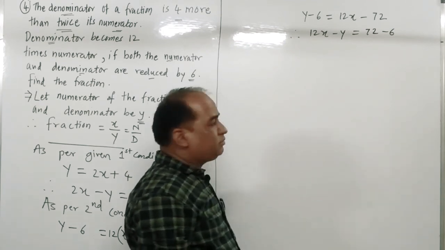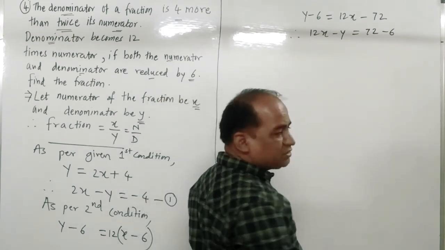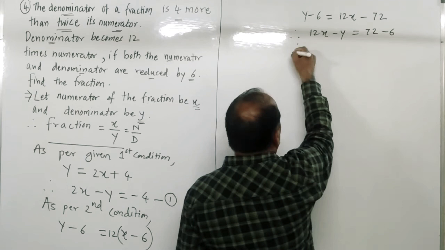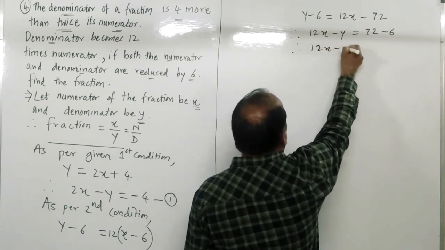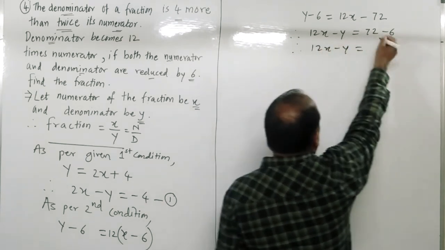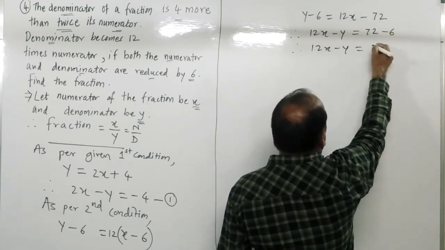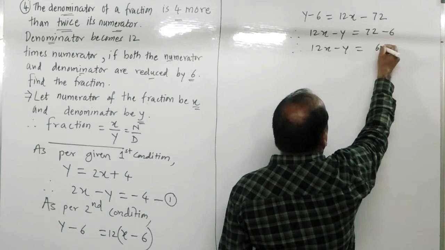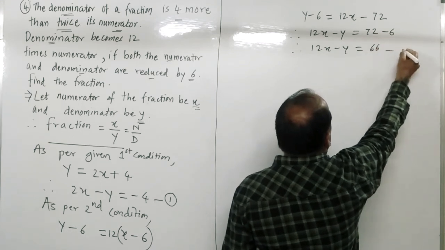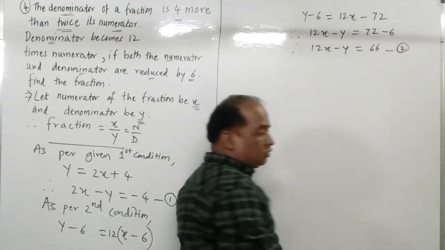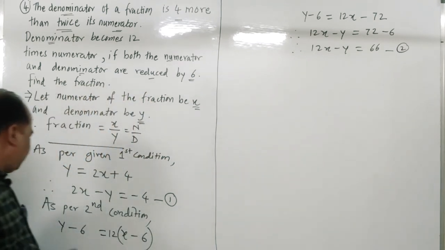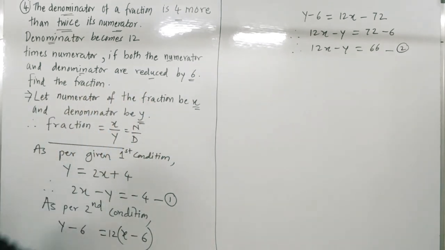We'll arrange the terms properly, numbers on one side and variables on the other side. So 12x minus y is equal to 72 minus 6 is equal to 66, equation number 2. Now we'll solve equations 1 and 2.